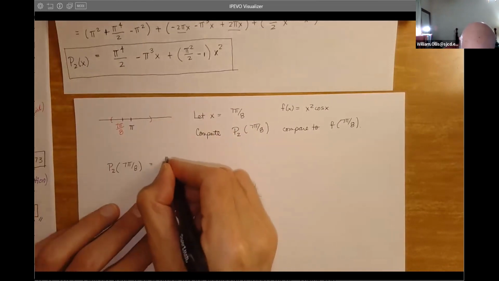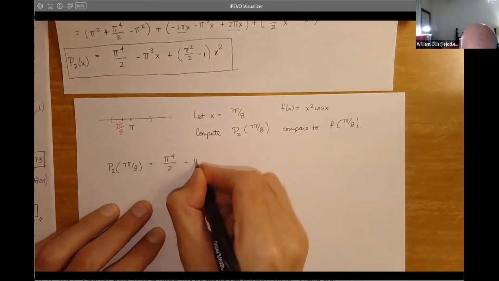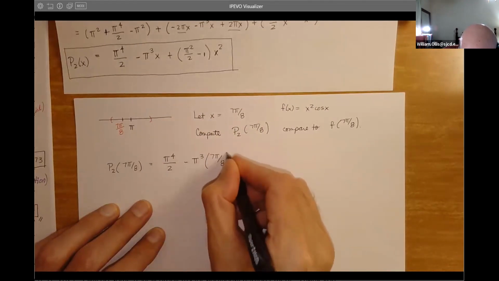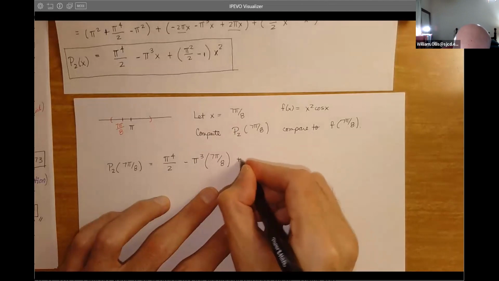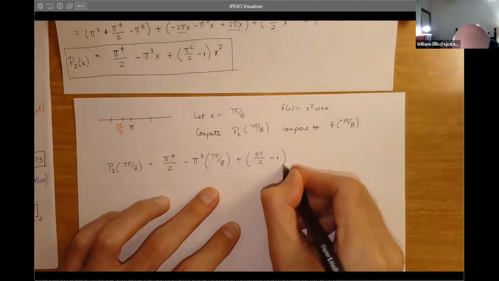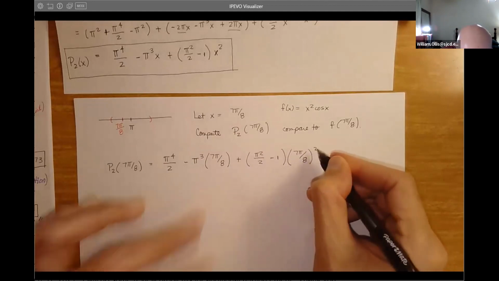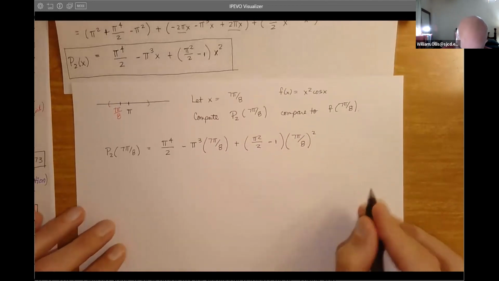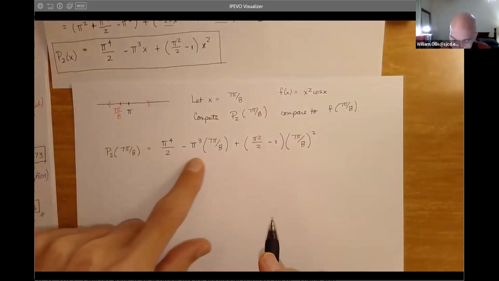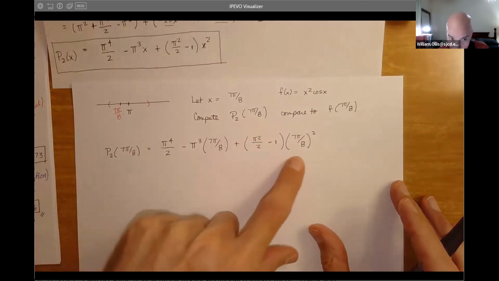So we get the 4th power of pi divided by 2 minus the 3rd power of 7 pi over 8, plus pi squared over 2 minus 1, and then we have 7 pi over 8 quantity squared. So a lot of beautiful numbers here. This is the formula we're using, just substituting the value 7 pi over 8 for x.